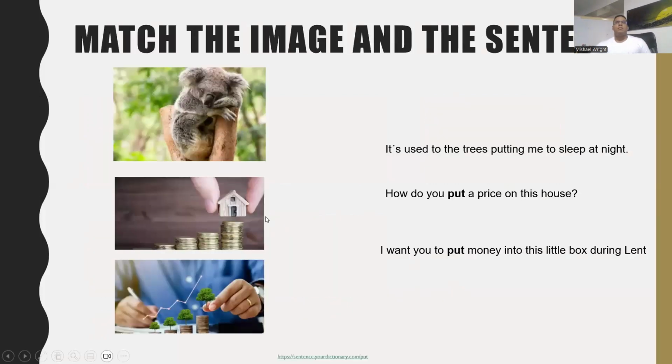Okay, so now let's try to match the image and the sentences. It's used to the trees putting me to sleep at night. So what is this case? In this case, we would have these ones, right?